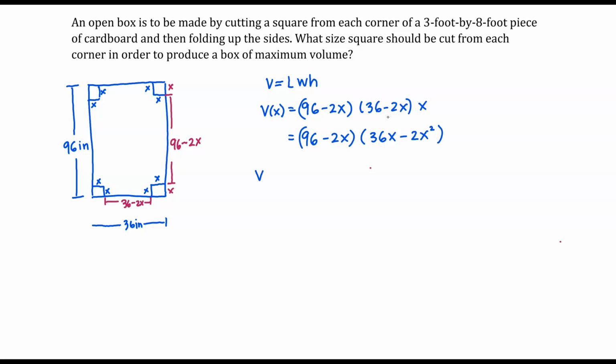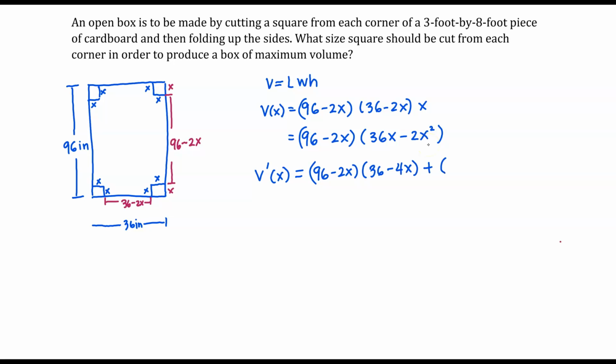And after that, we take the derivative using the product rule. So using the product rule, you copy the first factor, 96 minus 2x, and then differentiate the other factor. The derivative of 36x is 36, and the derivative of negative 2x squared is minus 4x.